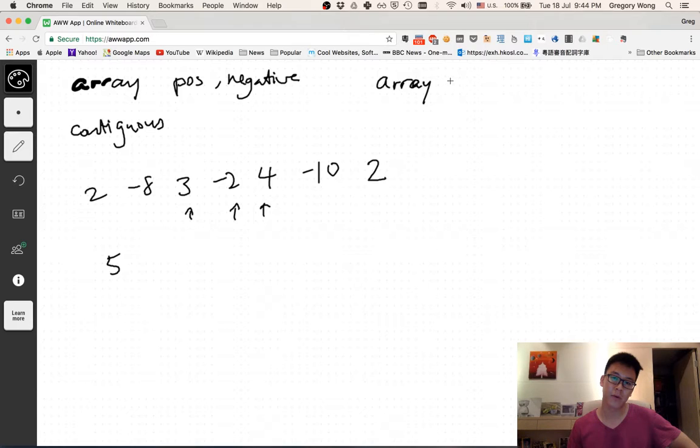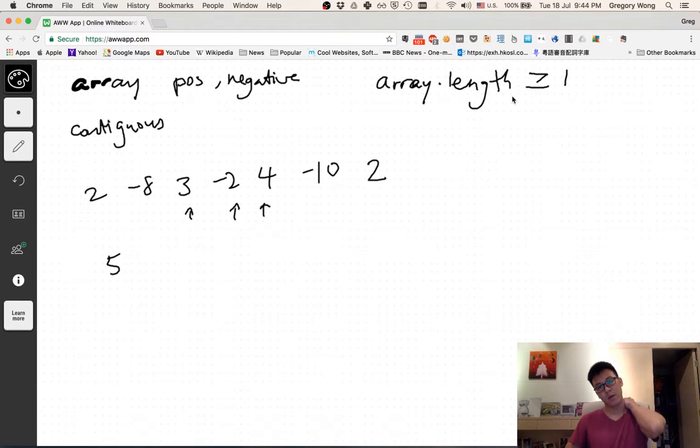Okay, so that means I don't have to deal with an empty array. And can I also assume that all input is valid input, so no strings or something like that?